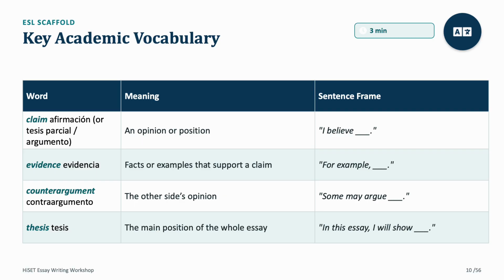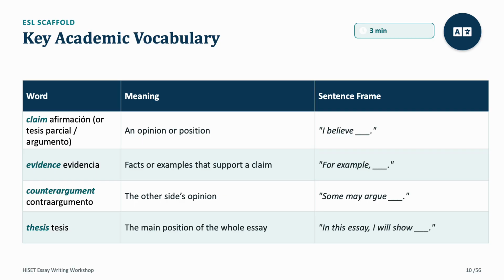Before we begin our example, let's learn 4 important words that we're going to use repeatedly. First, a claim is an opinion or position. For example, casual clothing helps employees work better. Evidence is the information that supports the claim.